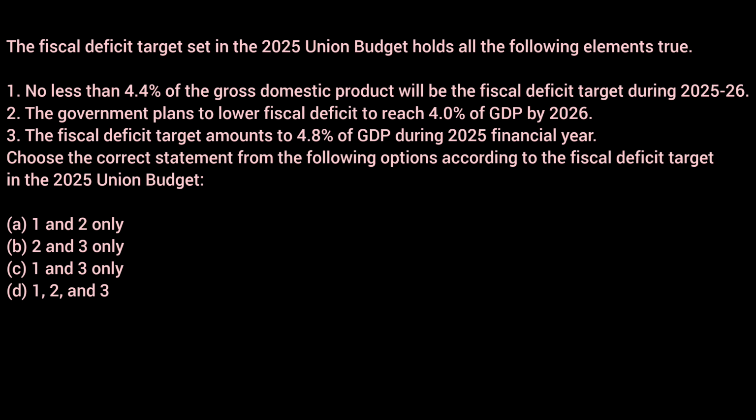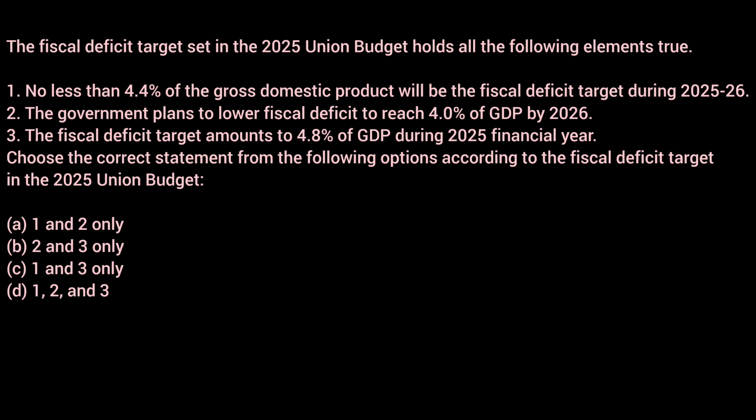The fiscal deficit target set in the 2025 Union Budget holds all the following elements true. Option A, 1. No less than 4.4% of the gross domestic product will be the fiscal deficit target during 2025-26. 2.